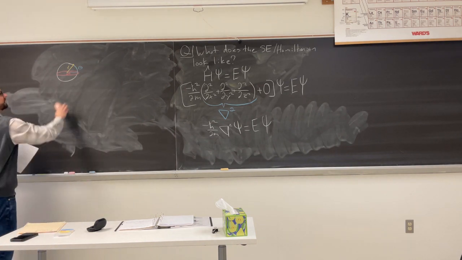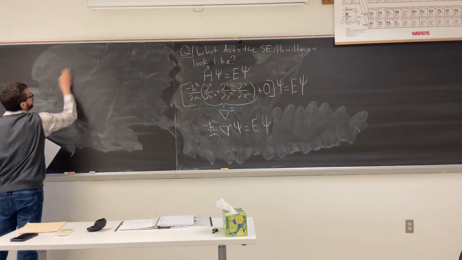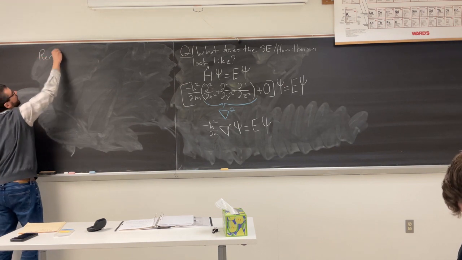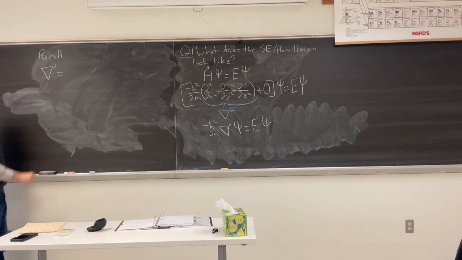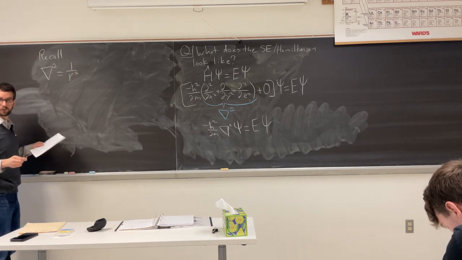Am I okay to erase this picture of our system? We might need it again, so I'll have to draw it again. This thing looked very ugly for spherical polar coordinates. I said it comes from just doing some trig.